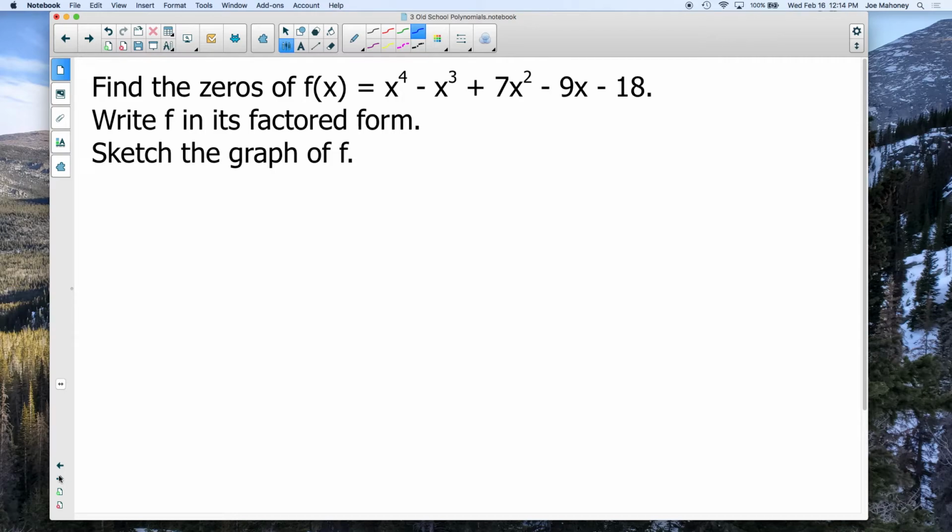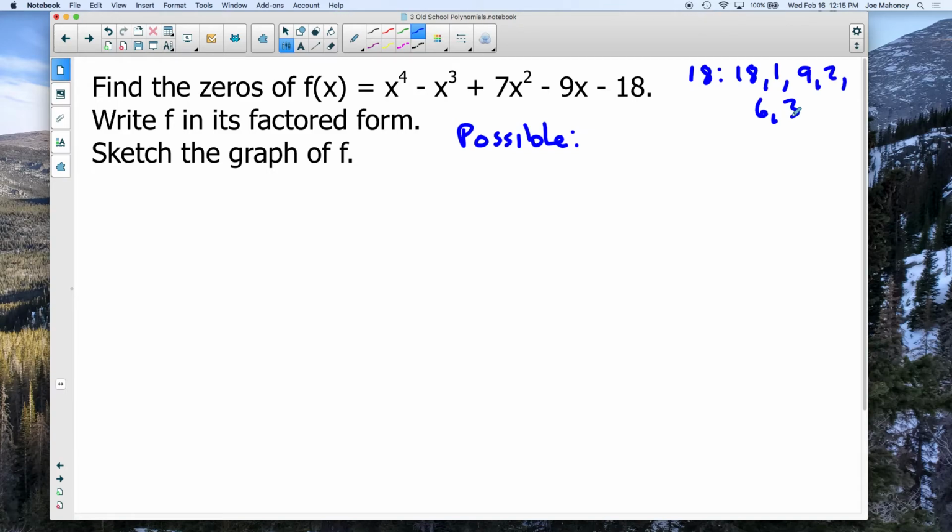All right, let's see if we can find some of these possible rational zeros. My possible zeros are going to be factors of my last term divided by factors of my first term. So the factors of 18 are 18 and 1, 9 and 2, 6 and 3. All those different factors.